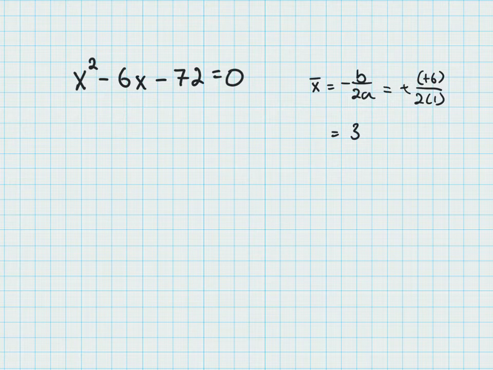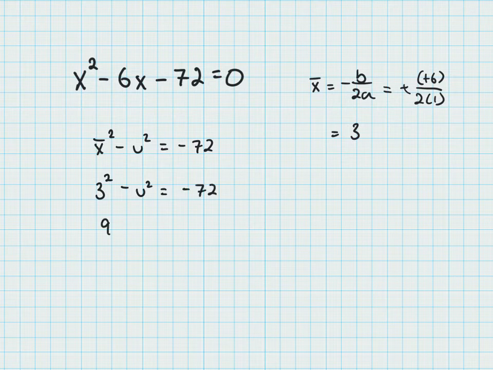So now we have x bar squared minus u squared is equal to -72. So we bring the 3 over, 3 squared minus u squared is equal to -72. Keep working this through in order to find out what u is, the distance from the average. And we get -72 stays the same, -u squared is equal to -81.